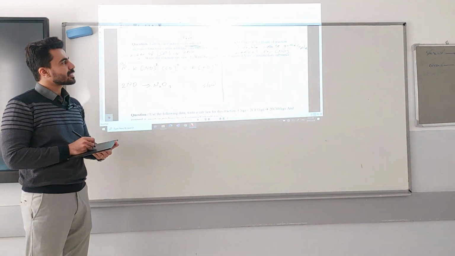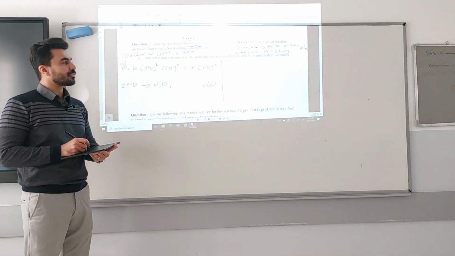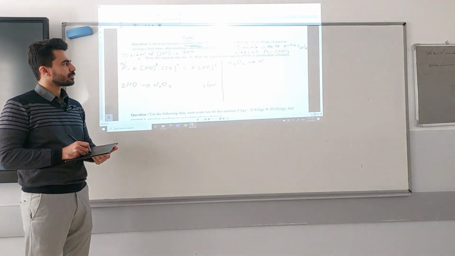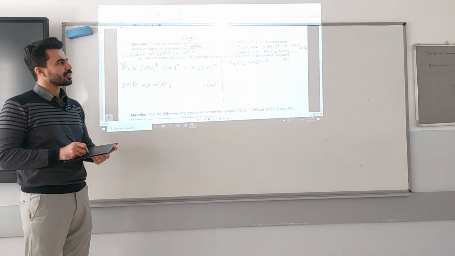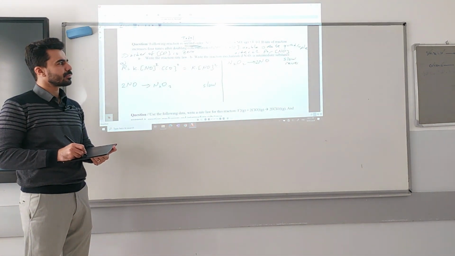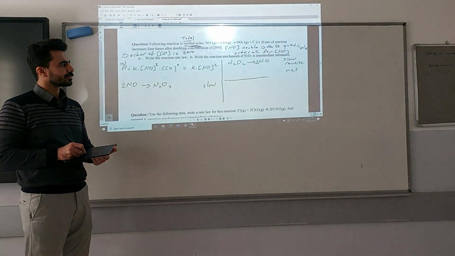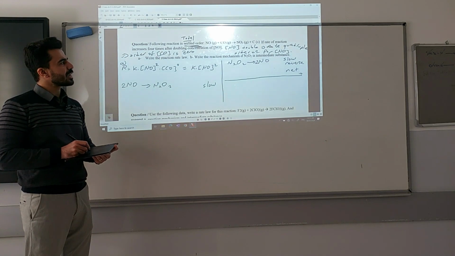Again, it says write the reaction mechanism. Reverse the slow: N2O2 becomes 2NO. So this is the slow reversed, added with the net. What is the net?